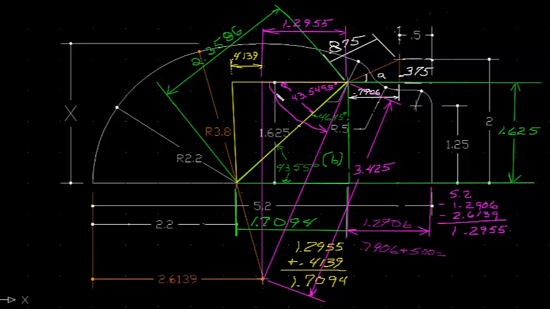All you're looking for is the adjacent side, because you're going to use the adjacent side and the hypotenuse to come up with this. When you do that, you're going to come up with somewhere around 67.77 or something like that. I'm not 100% sure.